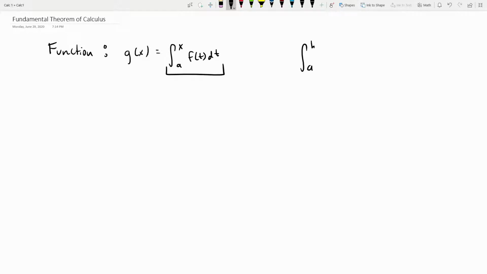It was this, how we saw it before, but now the upper bound is no longer a defined scalar value. This one up here is now a variable that gets passed in as the input of our function. So one important thing to notice is that the integral is a function, and from that, we can see that the upper bound is a variable.